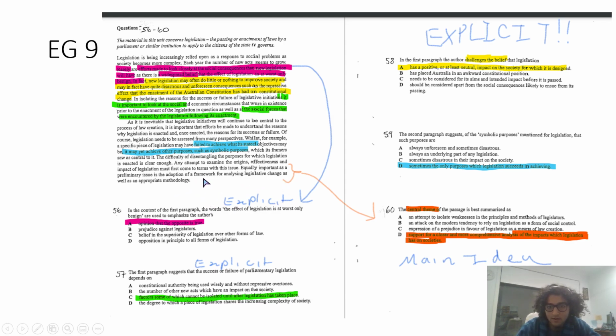Combining that with the main idea, we get the answer is D. The central theme of the whole passage is support for a closer and more comprehensive analysis of the impacts which legislation has on societies. Because it's all talking about the social impacts of the legislation, right?